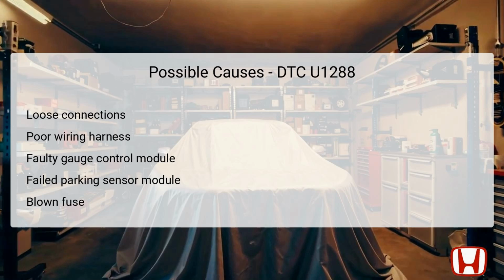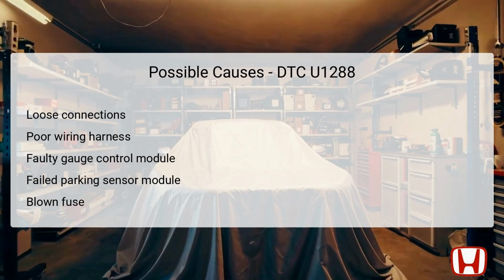Secondly, poor wiring harness conditions can lead to high resistance or intermittent connections, making it difficult for signals to pass between the two modules. A faulty gauge control module can also be the root of the problem, failing to send or receive data effectively.